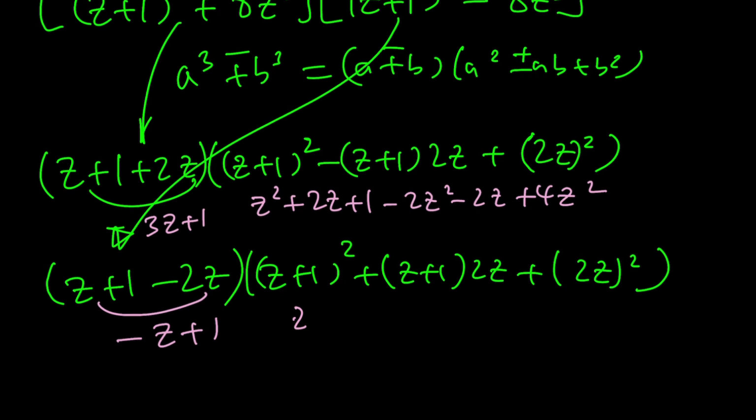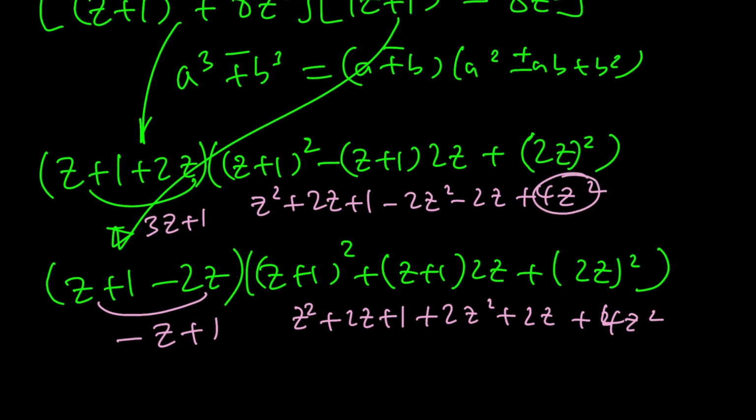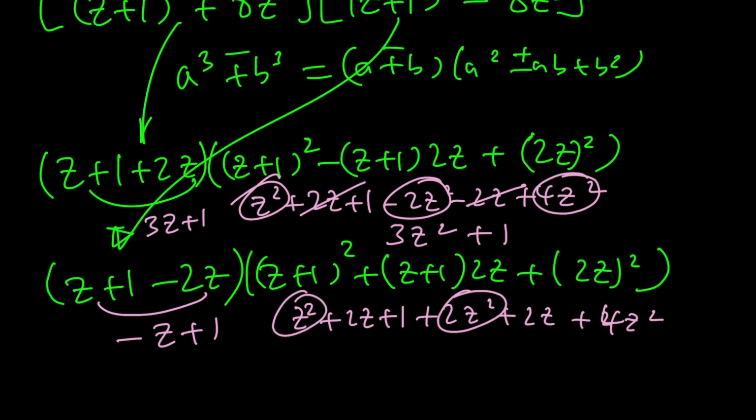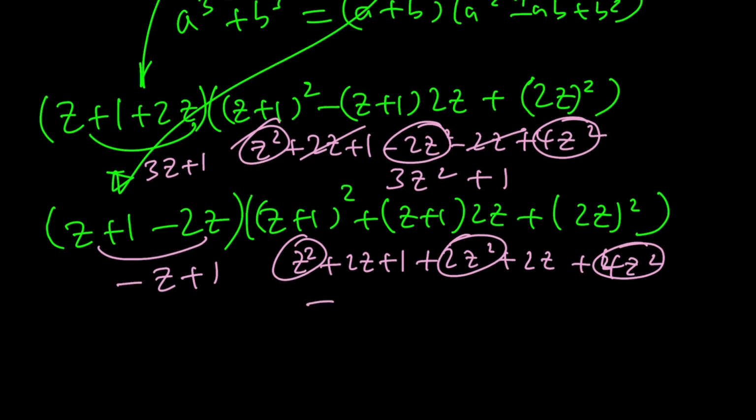And this one is going to be something very similar: z^2 + 2z + 1 + 2z^2 + 2z + 4z^2. Let's simplify each one of these. We're going to get 3z^2, these are going to cancel out, and you're going to end up with plus 1. From here, you're going to get z^2, 2z^2, and 4z^2. That's going to give you 7z^2 + 4z + 1.